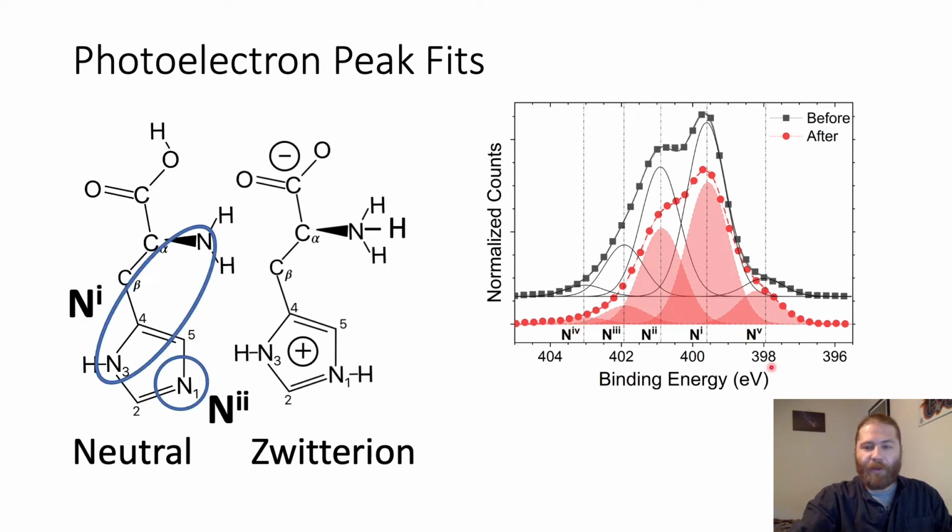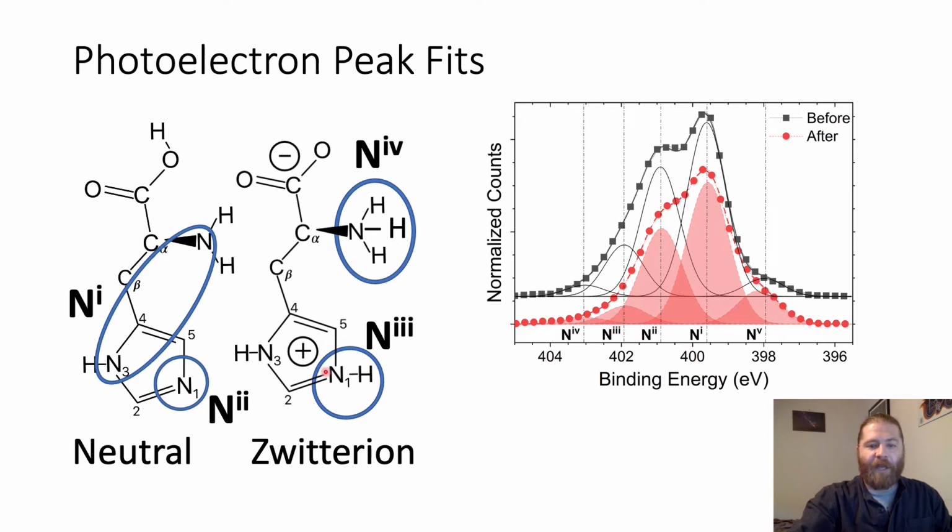The first 2, being the largest, correspond to the N1 and the N2 components of the neutral histidine molecules, while these smaller peaks out here, the N3 and the N4 peaks, correspond to nitrogens within the zwitterionic species.